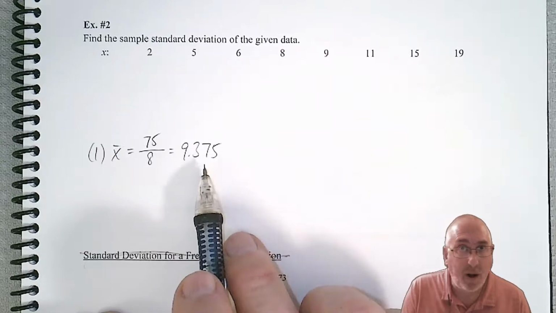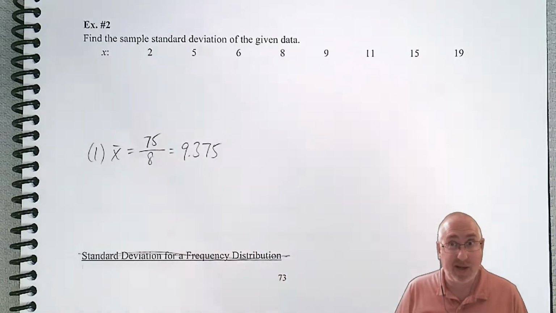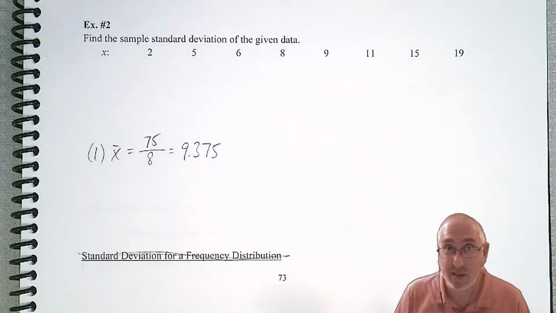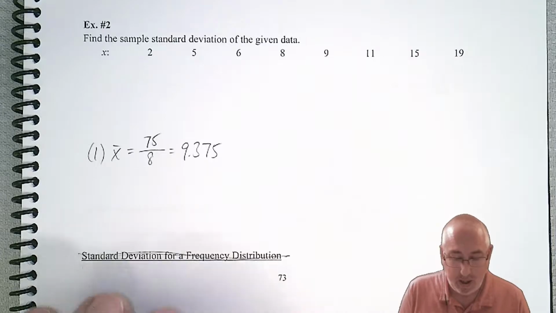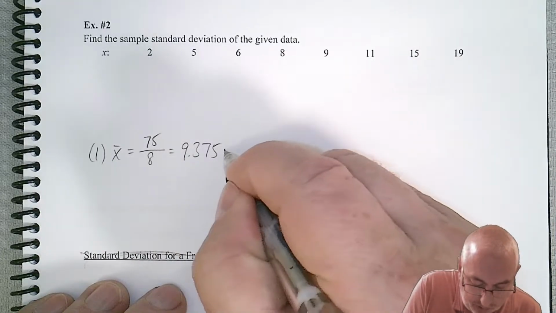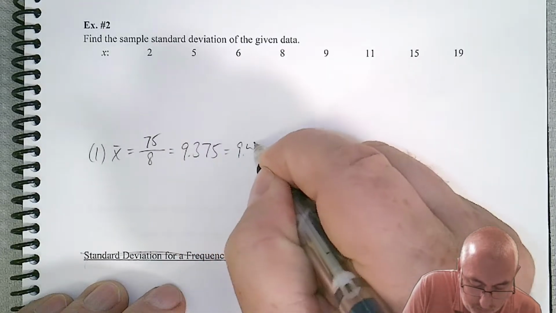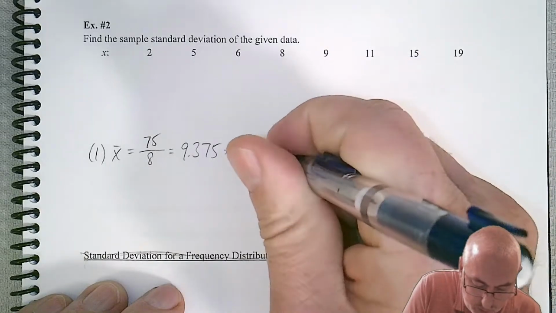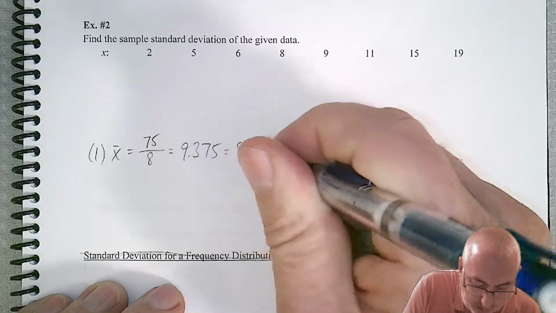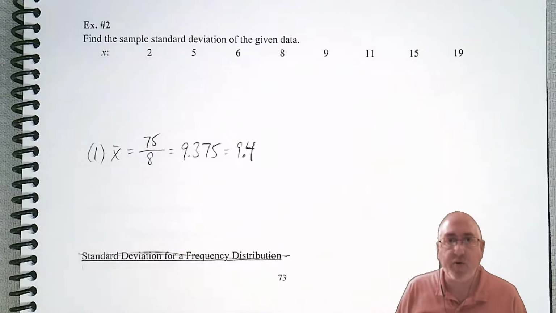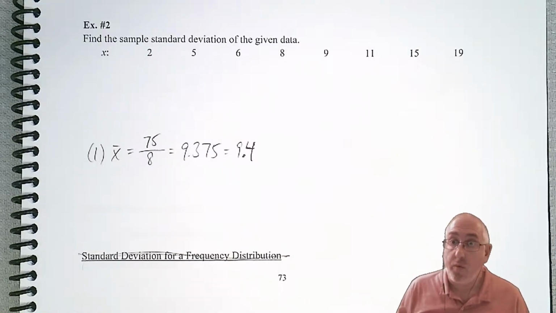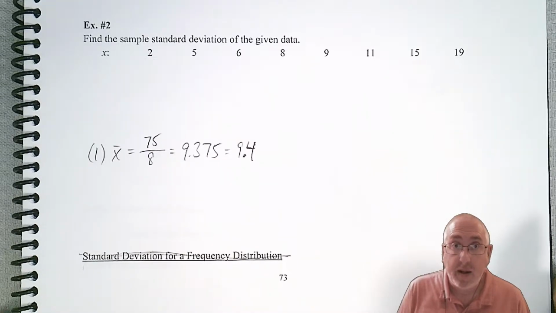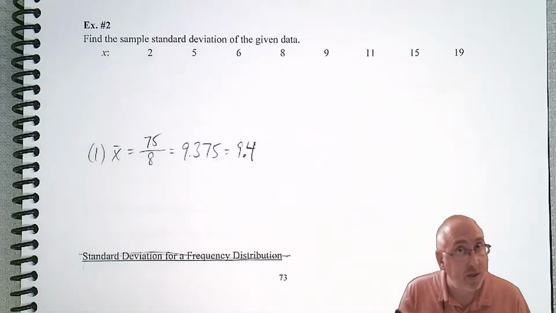So if we kept all 3 decimal places, we're going to end up with 6 decimal places, which is way too many to work with. So let's round this a little bit to 9.4. One decimal place is a little bit easier to work with.